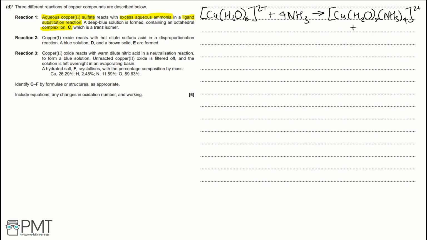And then to balance the equation, we need to have 4H2O.